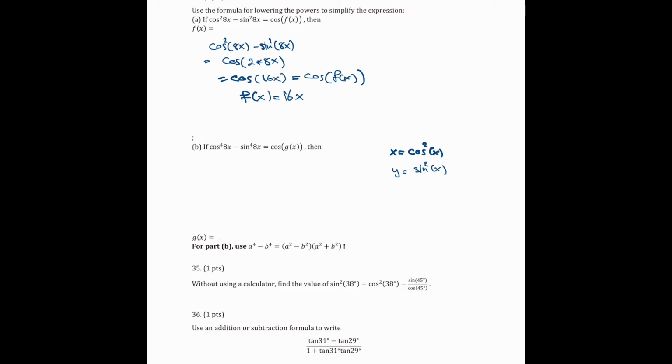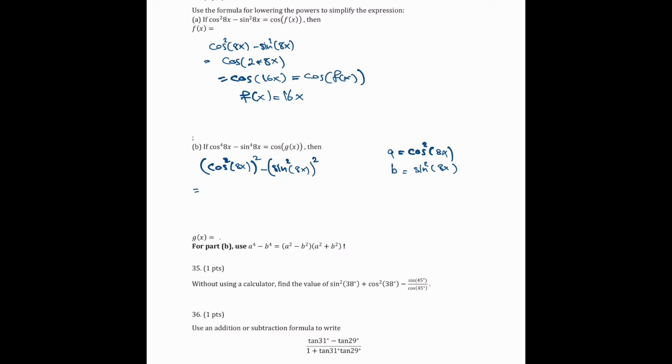Let me just use a and b instead. A and b. Okay, so I can rewrite this, not x, 8x. I can rewrite this as cosine square 8x all raised to the second power, because the power of a power multiplies, minus sine square 8x.